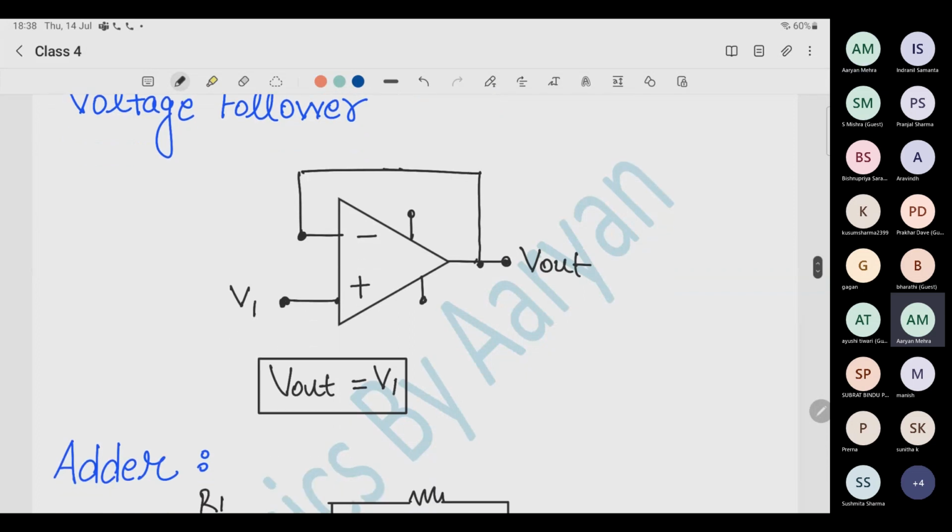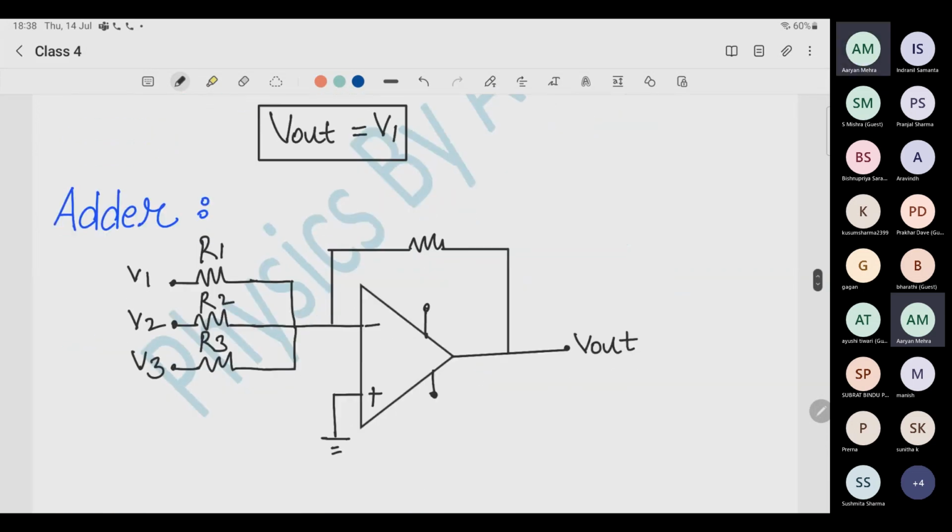Perfect. Second thing comes adders. Adders means you have 2-3 voltages and you want to add them. How will you add them? For that circuit, you can just understand it right now and remind yourself later. What you do is you apply a voltage, then a resistance, second voltage, then again a resistance, third voltage, then again a resistance, connect them all together and give it to the inverting terminal minus.